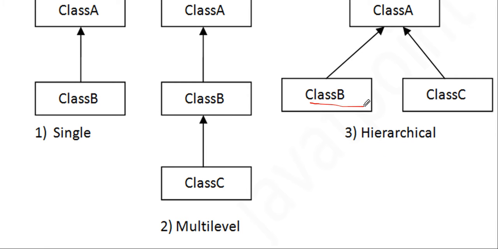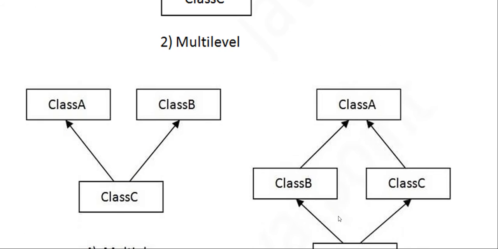Here we have two different classes, class B and class C, and both classes inherit the properties of class A. Class B individually inherits the properties of class A. Property means all variables and methods declared in class A can be used by class B, and similarly all variables and methods belonging to class A can be used by class C. This kind of inheritance is also supported in Java and is called hierarchical inheritance.